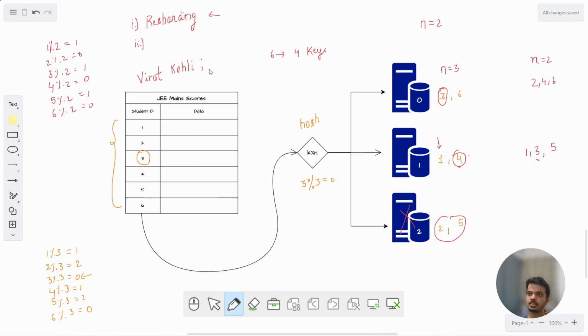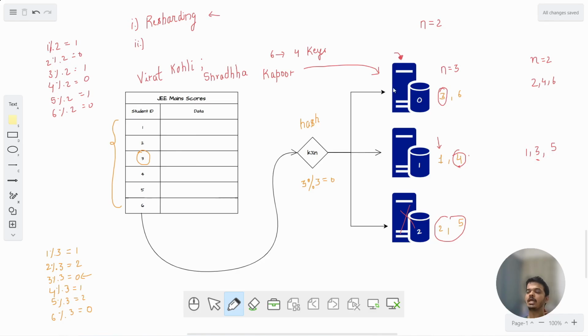Let's say next is Shraddha Kapoor. Let's say 4 or 5 of these very famous personalities, all their data is sharded or hashed onto the same server, and all other common people like you and me, their data is sharded onto server number 1. So what will happen?